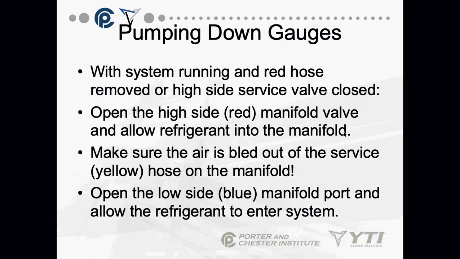Because again, remember our gauges, I have very high pressure liquid refrigerant on the red side, on the high side. And think back to your gauges for those who have them. For those who don't, this will be demonstrated to you in the shop.